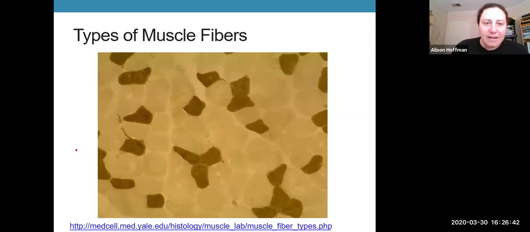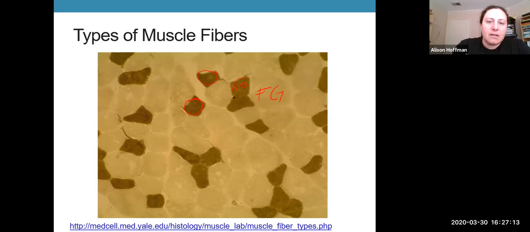And we can tie this back to what we learned about with multiple motor unit recruitment. So here's a picture of muscle fibers. All the darker ones are slow oxidative, and the lighter ones are fast glycolytic. And maybe there's some fast oxidative glycolytic in there, I don't know, but for the most part.